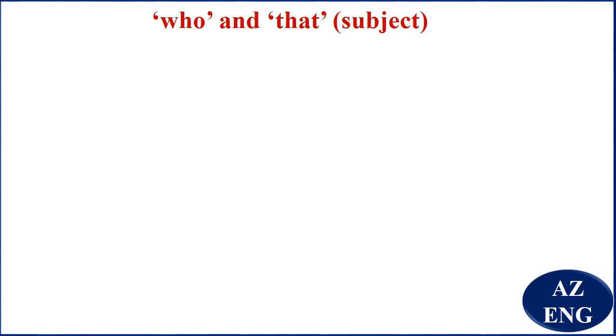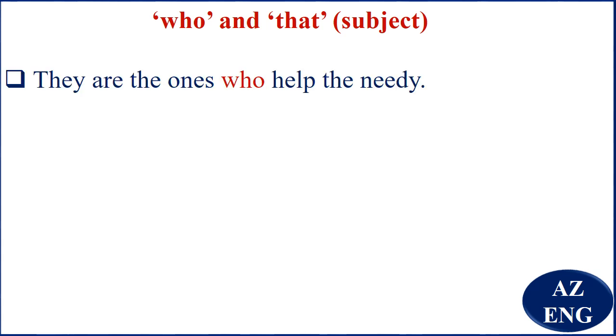So now we are using who and that first. That is when who or that is the subject. For example, they are the ones who help the needy. So using who here is correct.